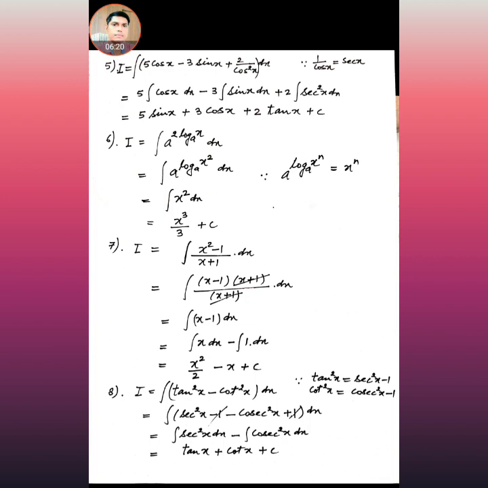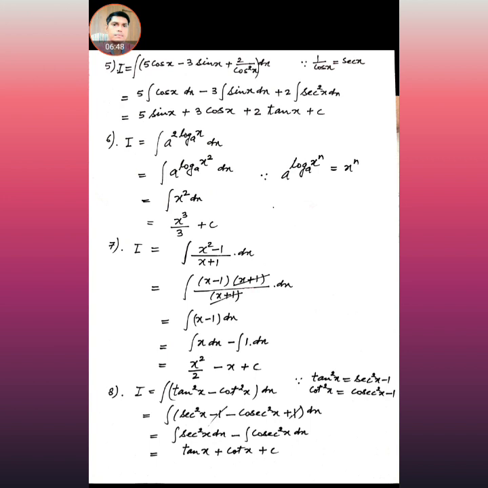Example 5. Integration of 5 cos x minus 3 sin x plus 2 upon cos square x. First of all, we separate all functions. Then we can write 5 into integration of cos x minus 3 into integration of sin x plus 2 into integration of 1 upon cos square x, which is equal to sec square x.